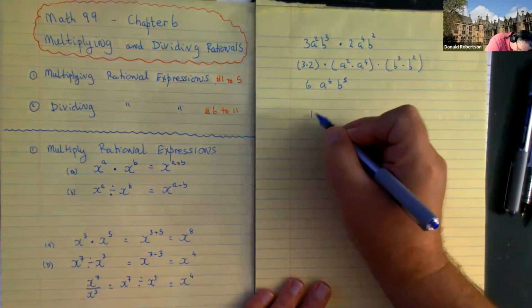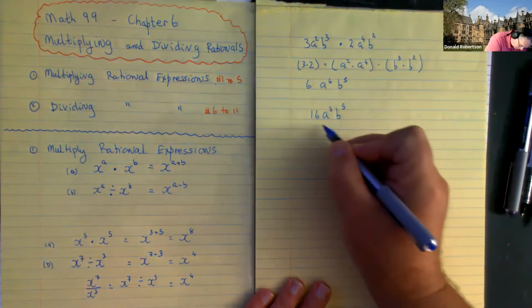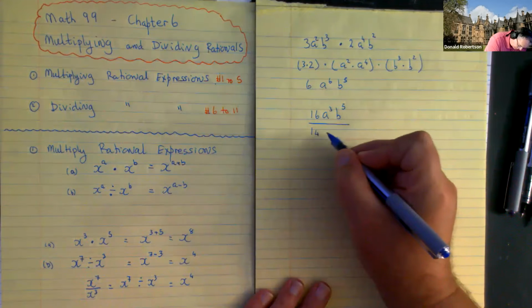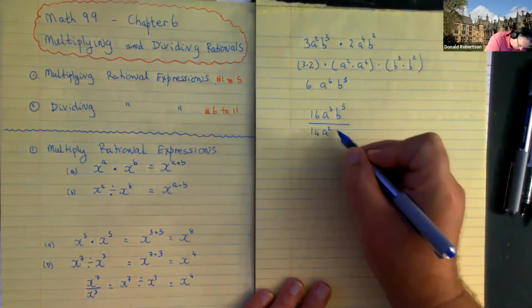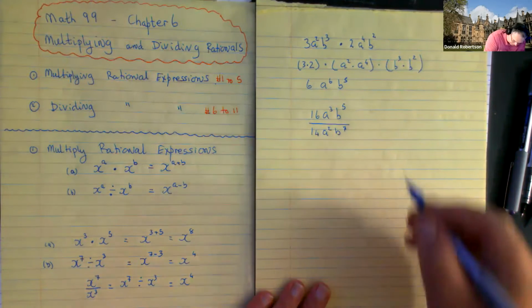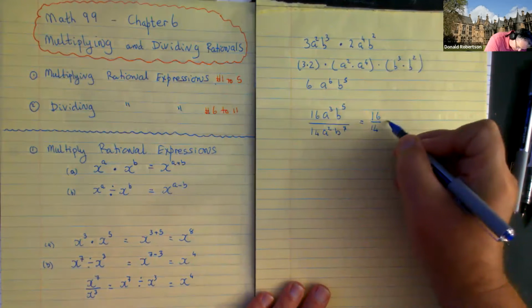Now, you can get some quite interesting results when you divide. So for instance, suppose I had 16 a cubed b to the 5 on the top, and on the bottom I had 14 a squared b to the 7. Now you would split these up like this.